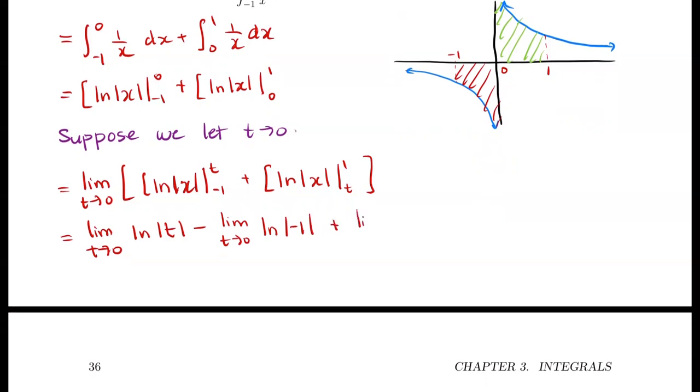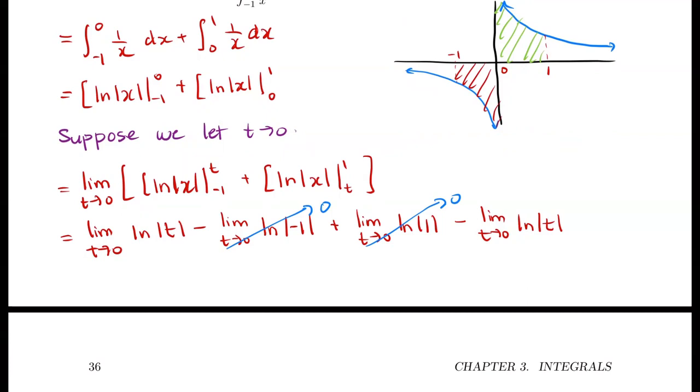Plus the limit as t approaches 0 of the natural logarithm of 1, plus or minus the limit as t approaches 0 of ln of t. Two things here. The ln of 1 term is going to go to 0 because ln of 1 is 0.